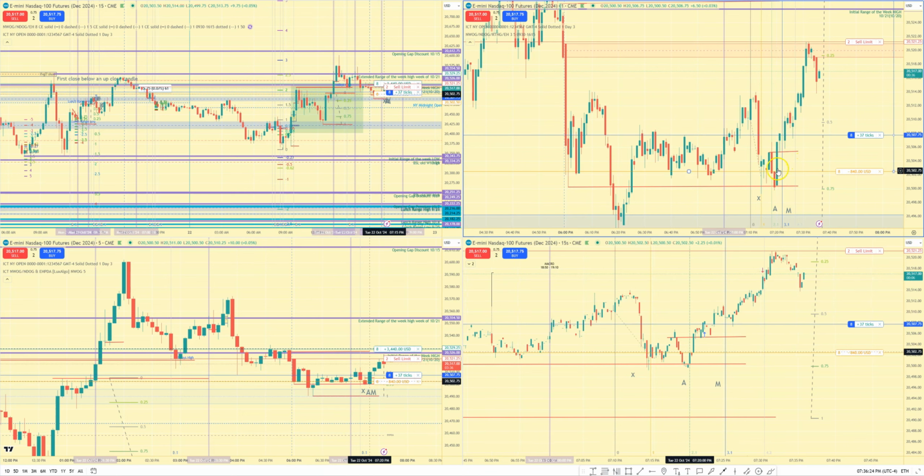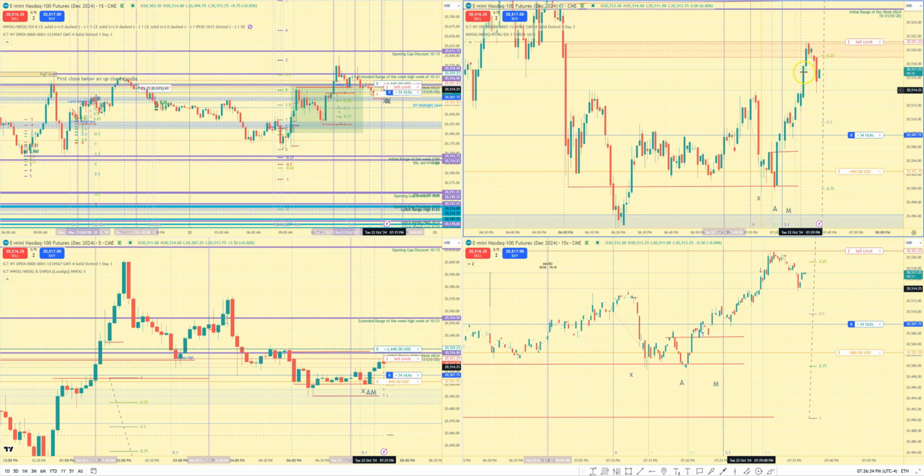First presentation fair value gap after 7:30. Where's 7:30? All right, so this is 7:30. So this one doesn't count. But this one should count. This one here. So this is the first presentation fair value gap after 7:30.